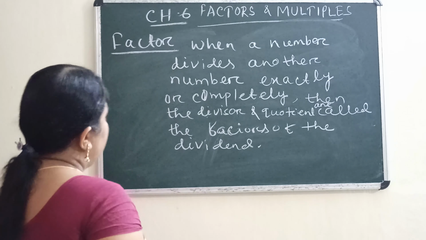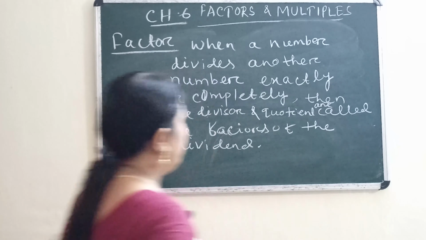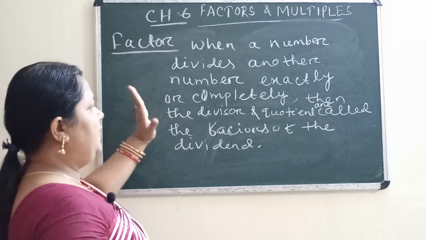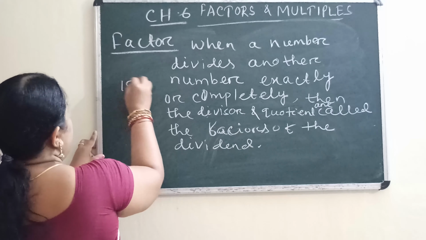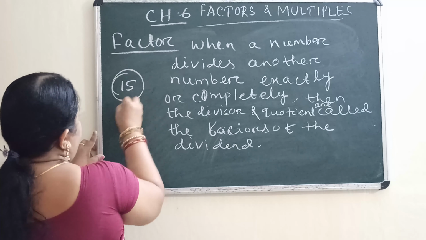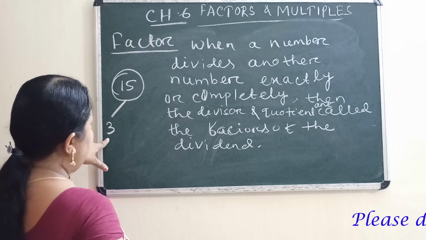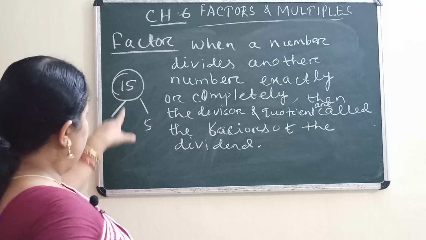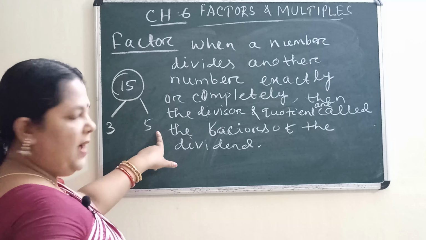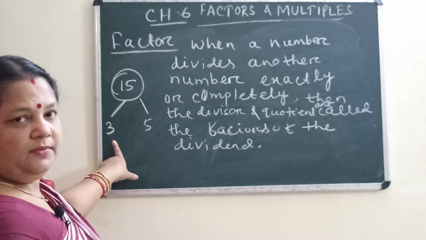Okay. Just now I explained by dividing 15 by 3 or 15 by 5. So 15, if we divide by 3, then we get 5. If we divide 15 by 5, we get 3. Yes or no?